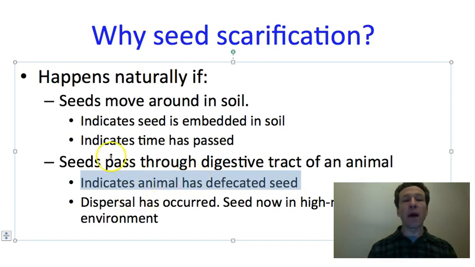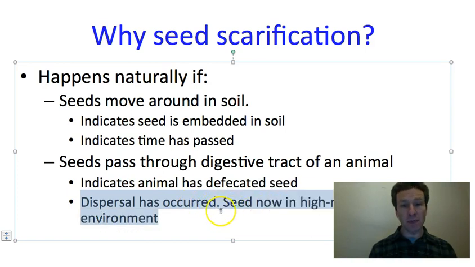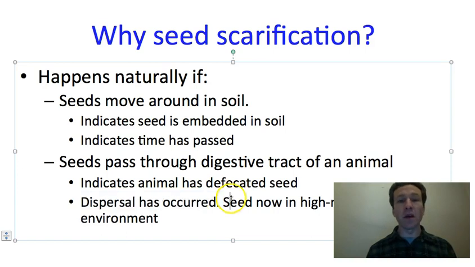So by having the seed coat damaged, the seed can be confident that it has been dispersed by an animal and is now far away from the parent plant. Secondly, the seed knows that it is now in a high nutrient environment because the animal scat it is sitting in is probably filled with fertilizers that will help the new seedling to grow.